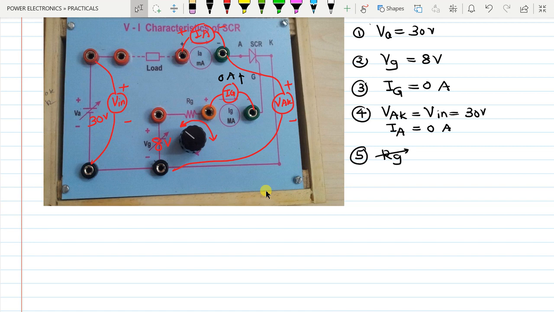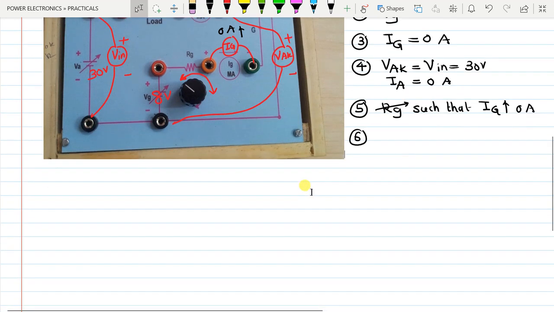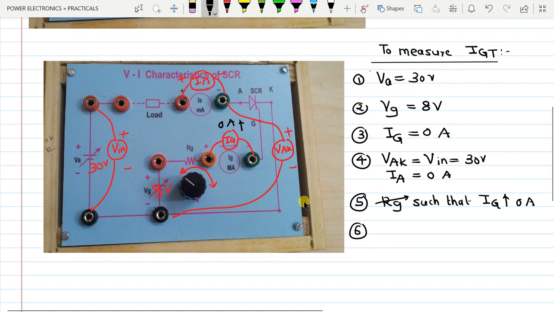So now students, fifth, we have to vary the potentiometer RG such that IG increases above 0 amperes. Now we have to continuously monitor for every new value of IG. As IG is increasing, we have to monitor the value of VAK as well as the value of IA.